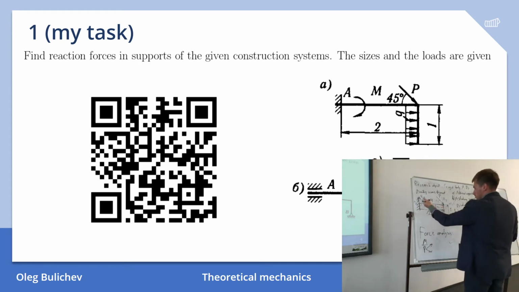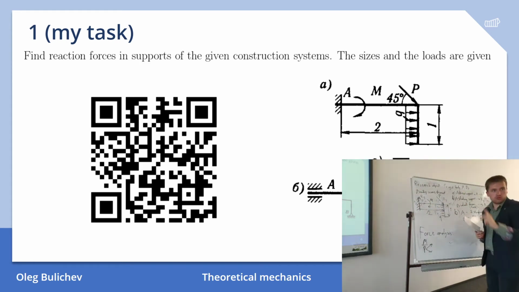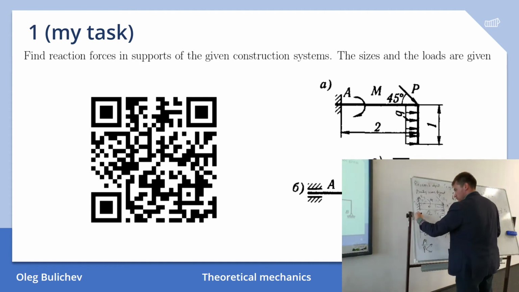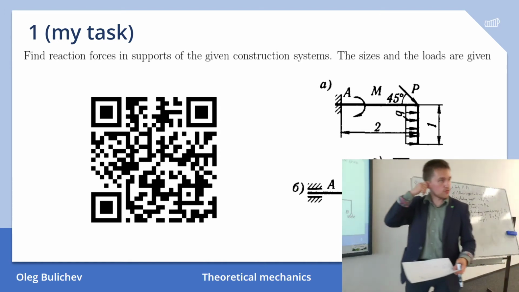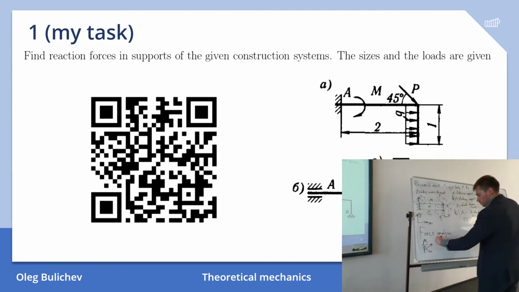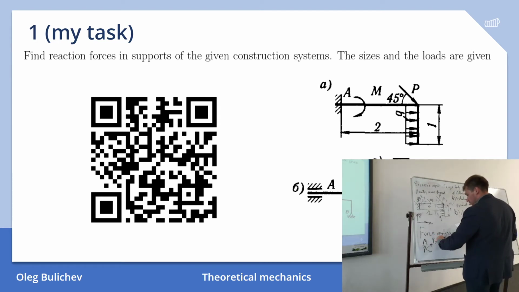So first of all, I forgot, I need to provide a basis, because even there, they don't provide it to you. So Px equals P cosine alpha, and Py will be minus P sine alpha.